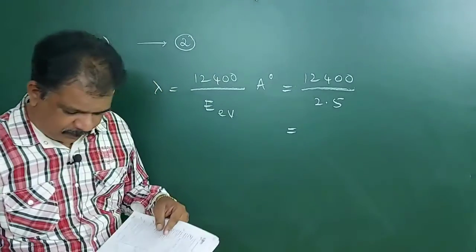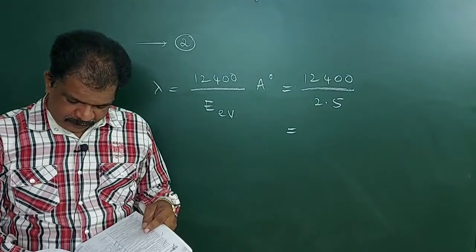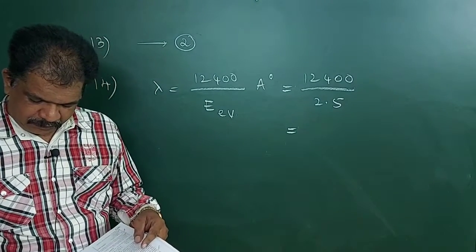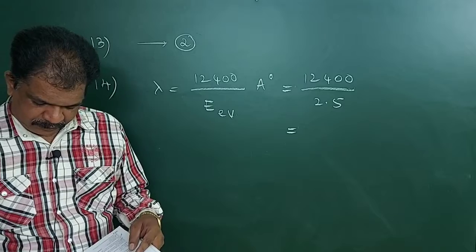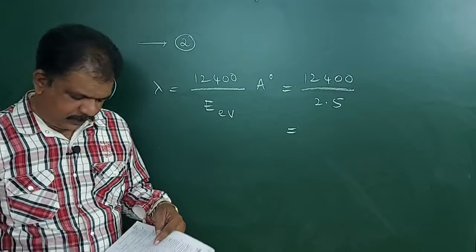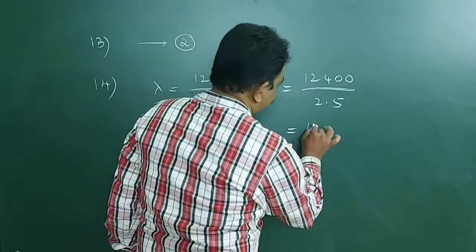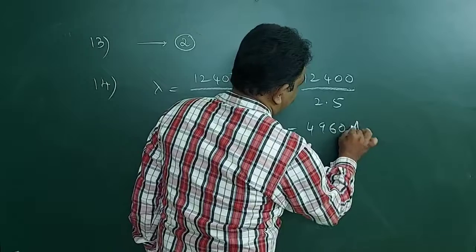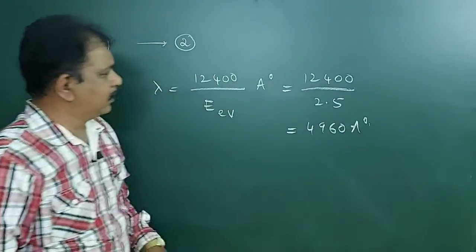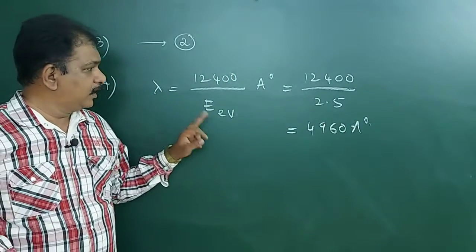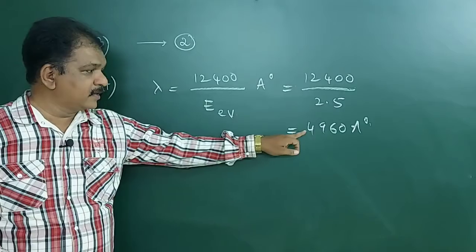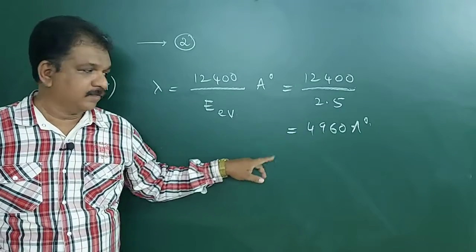If we calculate, finally this value will be 4960 angstrom unit.